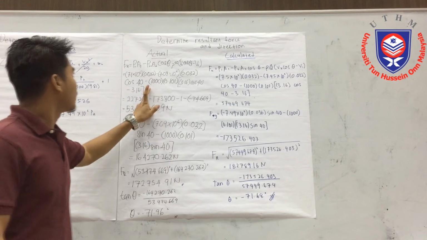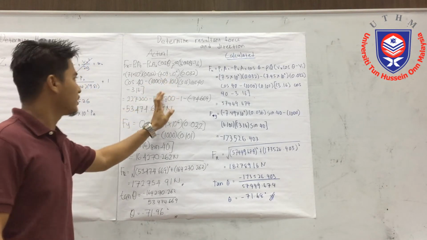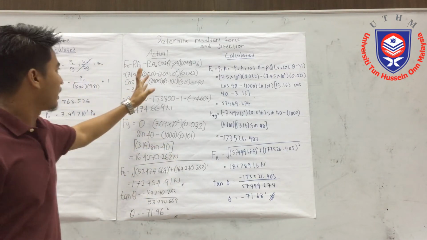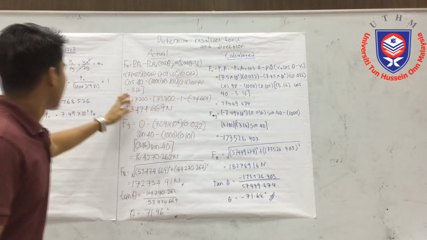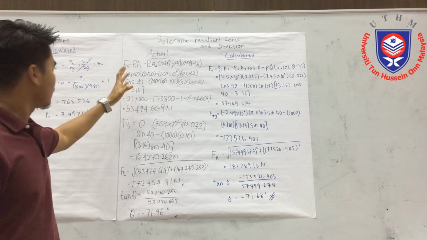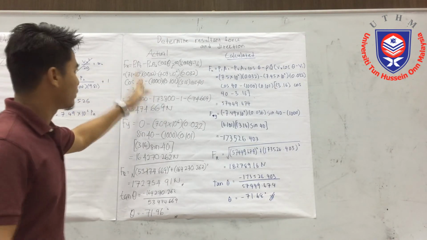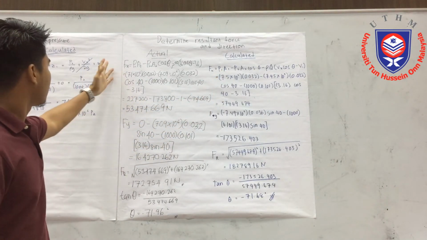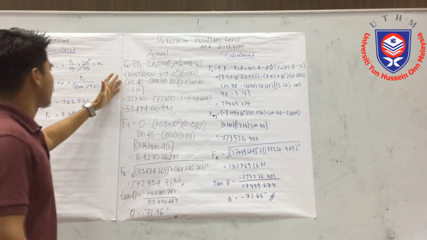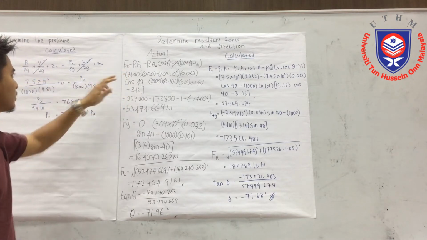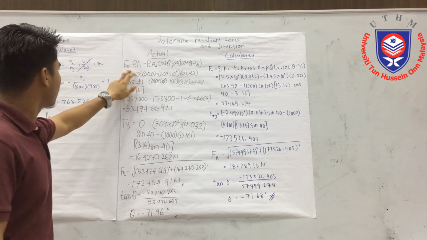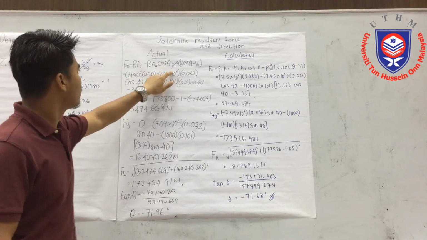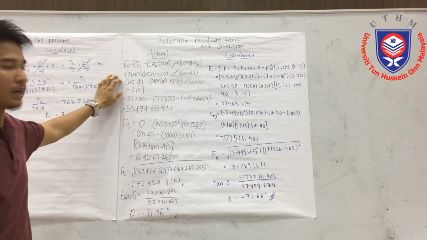Then to determine the resultant force and direction, we will use the application of the momentum equation for the actual and calculated. We find Fx for actual and Fx for calculated. For the actual, Fx equals P1 A1 minus P2 A2 cos theta minus rho Q V2 cos theta minus V1.